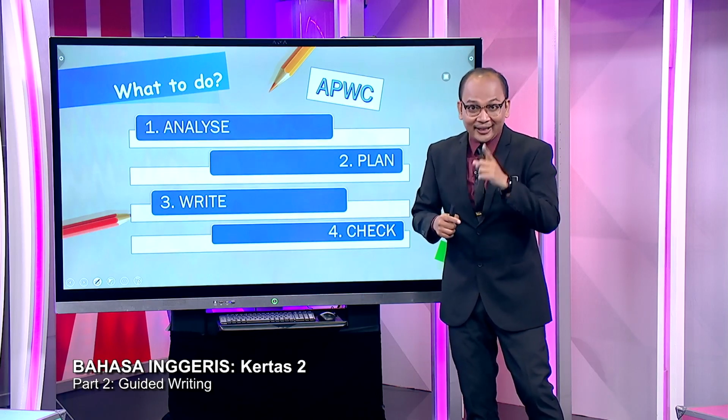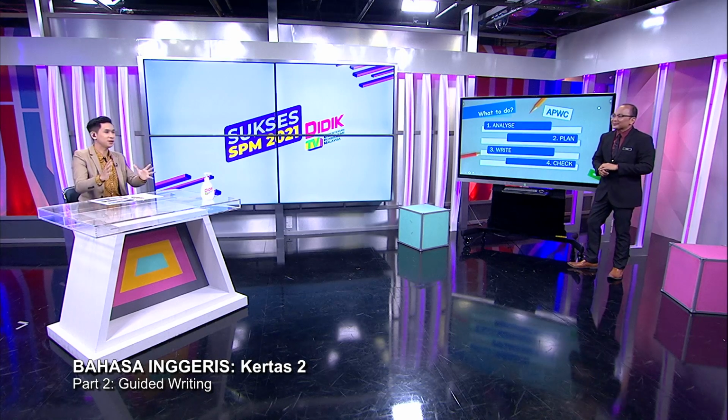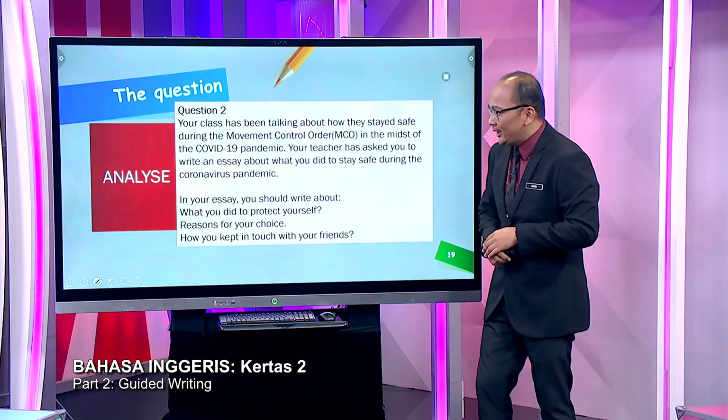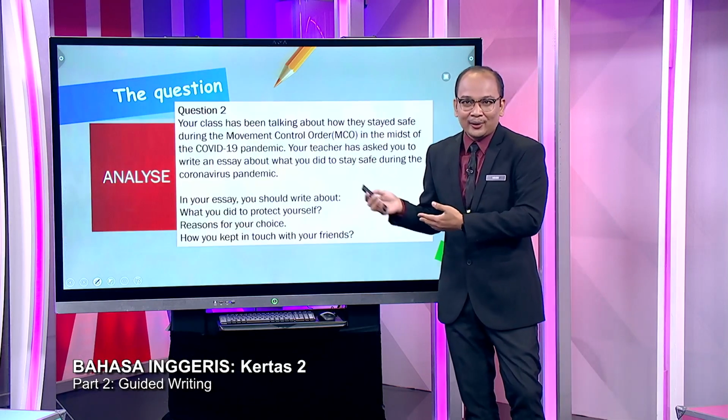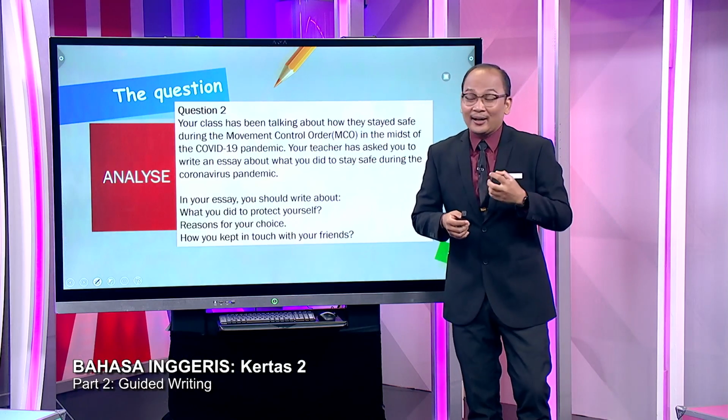So students, remember four letters: APWC. Now let's explain a little more so our students out there have a better understanding. Analyze. Of course this is a question, so the first thing we need to do is to analyze the question.